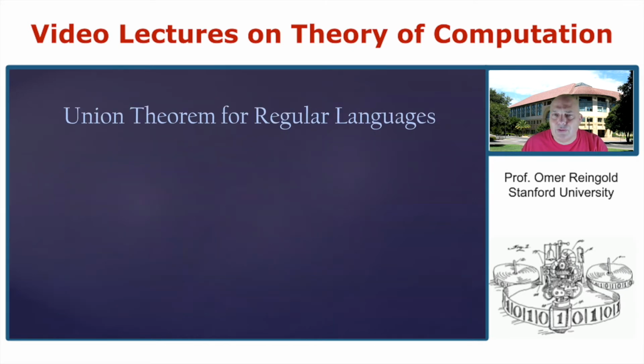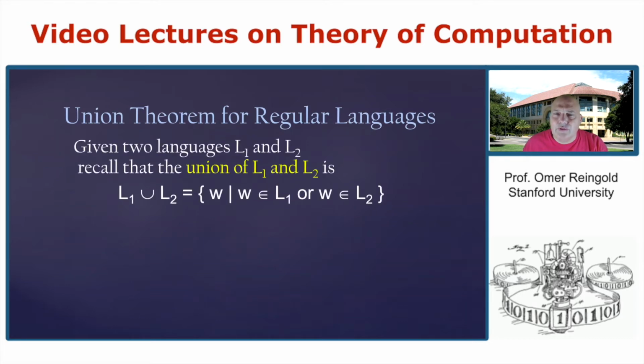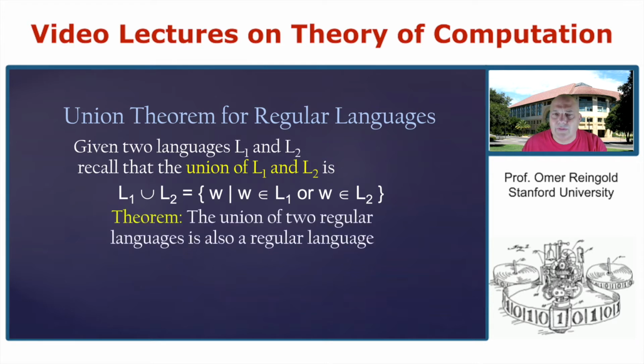So let's start with the union theorem for regular languages. Given two languages, L1 and L2, the union of L1 and L2 is just the set union of these two languages, so words that are either in L1 or in L2. And the question is how to prove the union theorem. The theorem is that the union of any two regular languages is also regular.